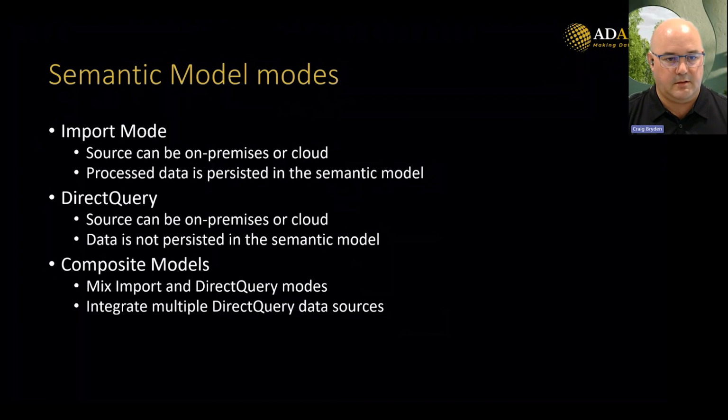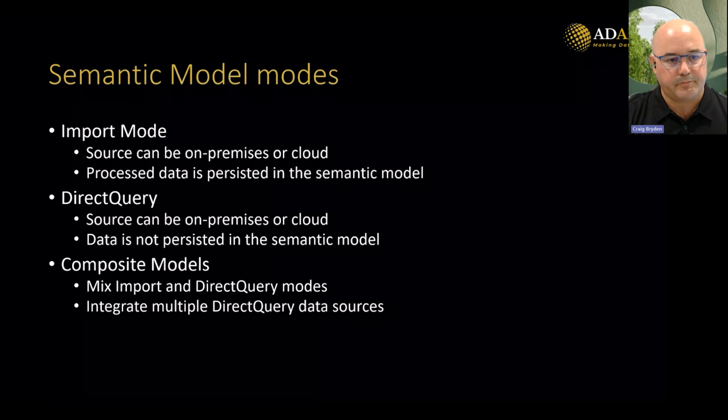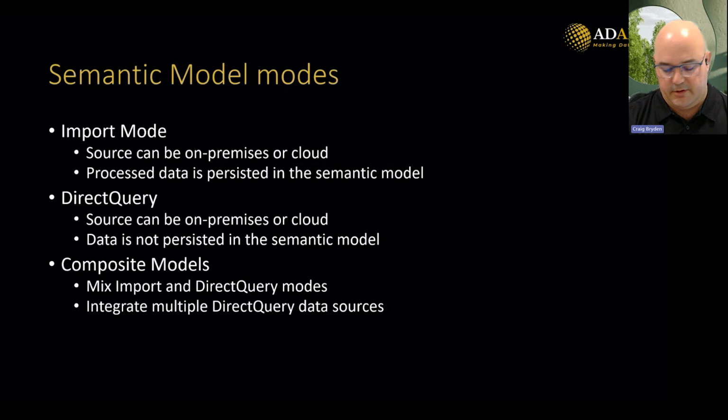You can actually get the best of both worlds, where those tables that don't need it can be in import mode, and only one or two or three or however many unique tables that do need real-time updates can be in direct query mode. This also allows you to integrate multiple direct query data sources, so using more than one source.